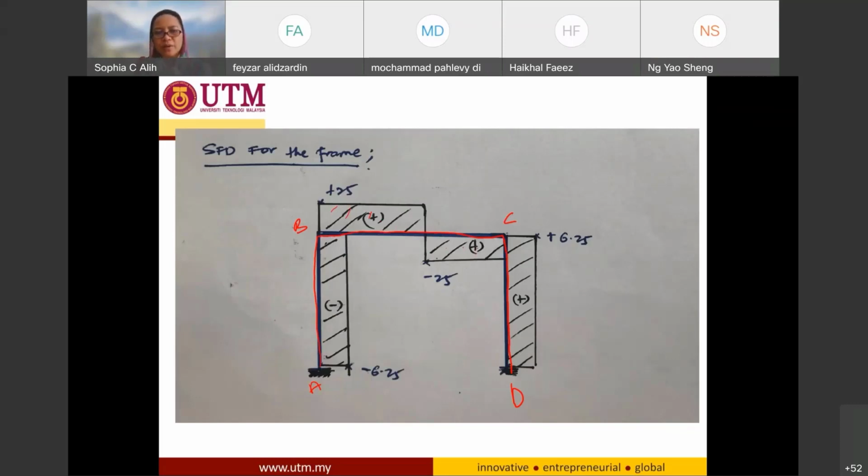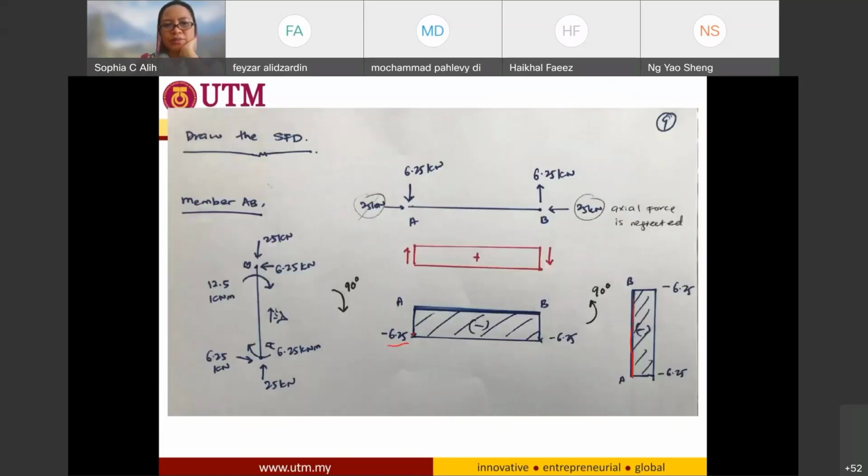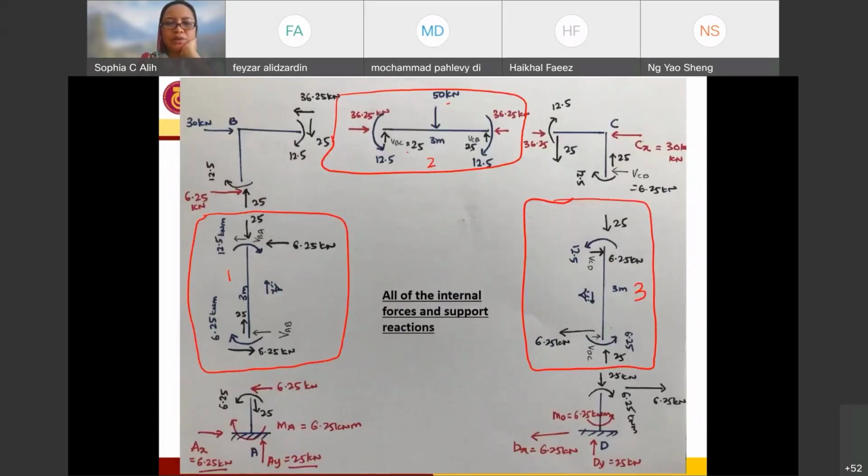Now I move back to drawing the bending moment diagram. So for member AB, similarly, I just take what I have already done over here, member AB. And for member AB, I have my end moment 6.25 clockwise, and another one clockwise 12.5 for my moment for member AB. So I take this information.